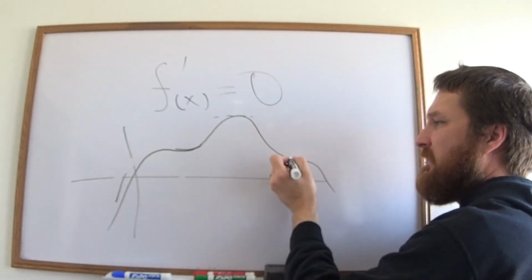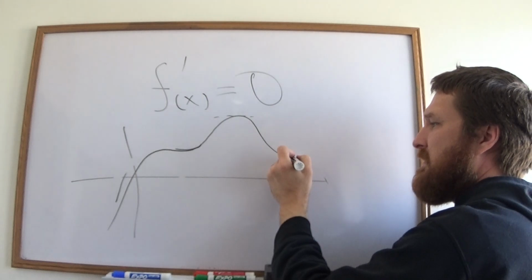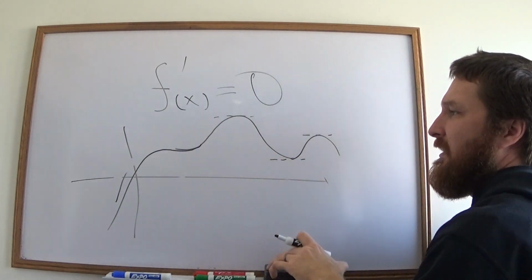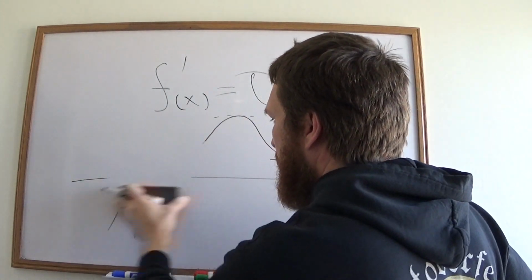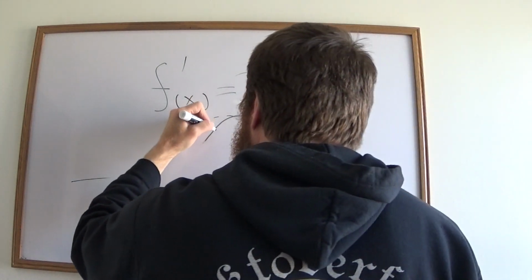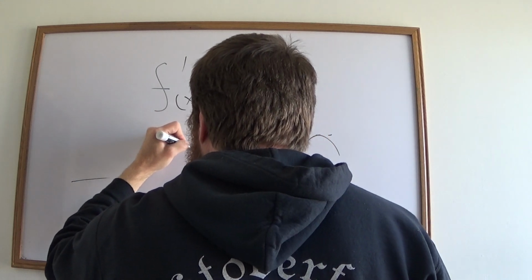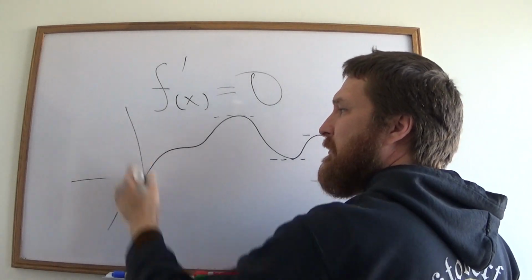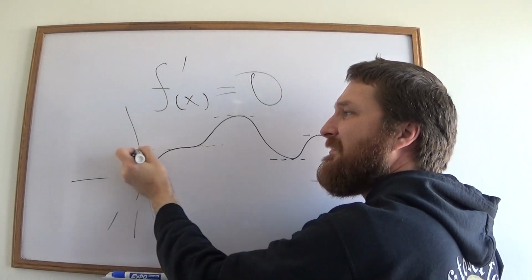Whenever the derivative is equal to 0, you get an extremum. And it might be the case that an extremum is not extreme.